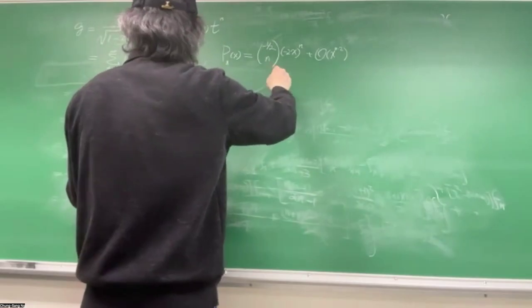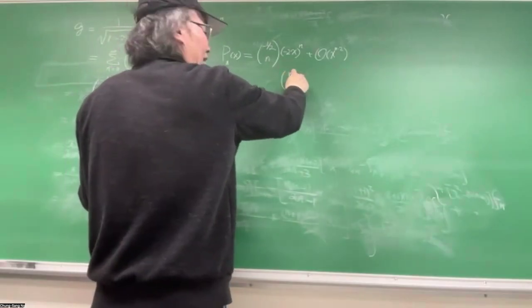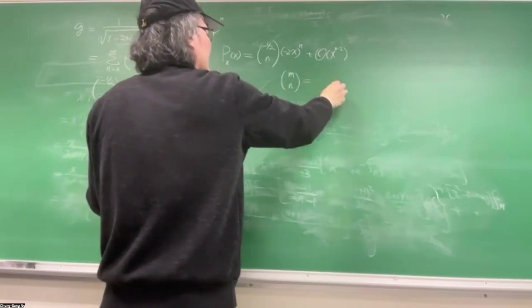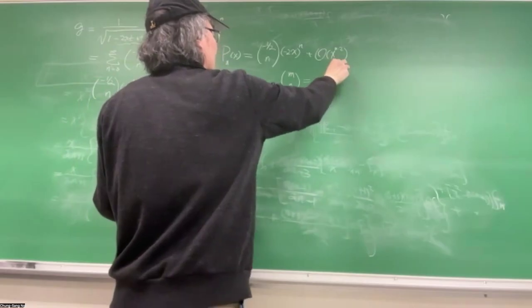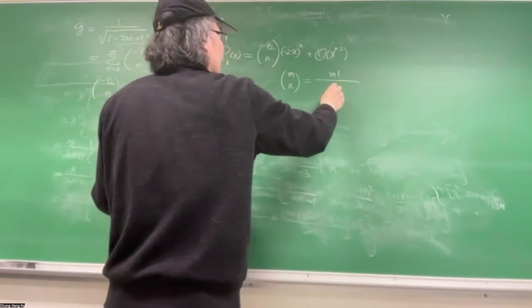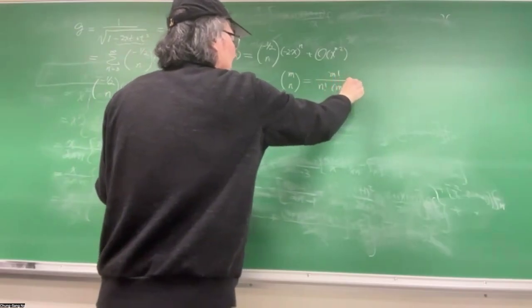If you have m and n, and m and n are both positive integers, then that's trivial. You will all remember that: m factorial over n factorial times m minus n factorial, right?